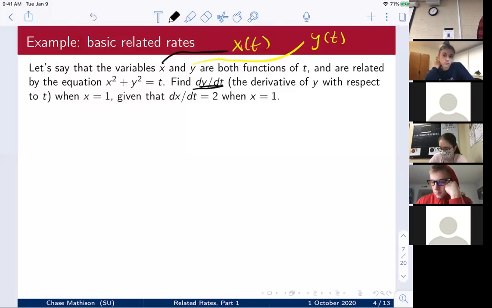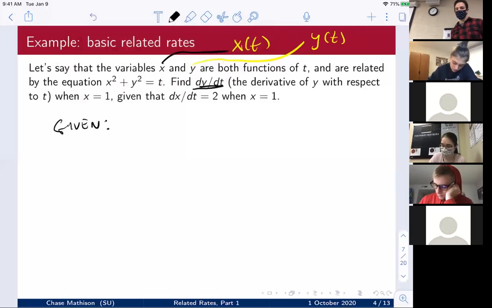With all these related rates problems, you want to write down first: what are you given? What are all the pieces of information that we've been given to try to solve this problem? x equals 1.